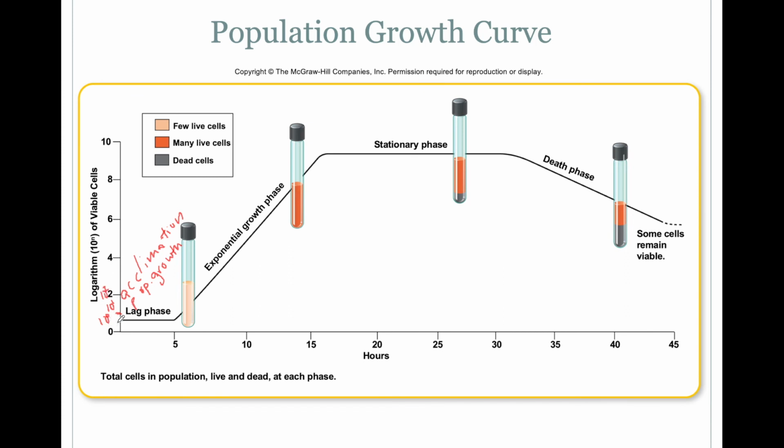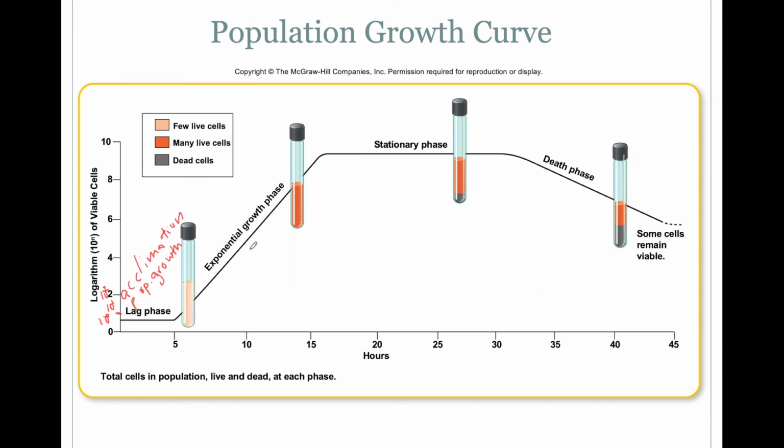So 1 times 10 to the 0 would be 1. 1 times 10 to the 1 would be 10. 1 times 10 to the 2 would be 100. So all of your organisms would start out way down here as you get from 1 to 2, 2 to 4, 4 to 8, 8 to 16, 16 to 32, right? So all of these things would be way, way down here. And then eventually they would pop up in numbers so that you begin to see them in this exponential growth phase.